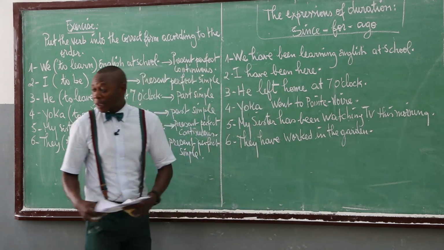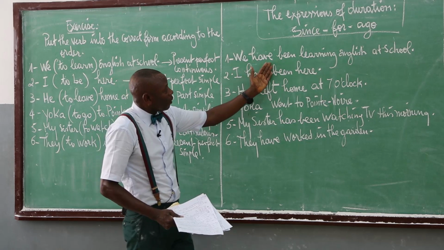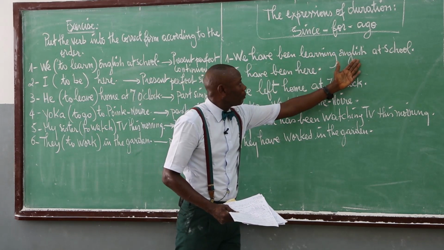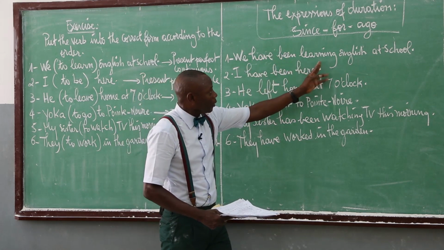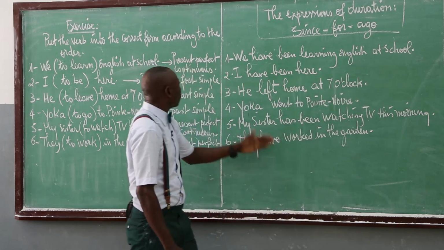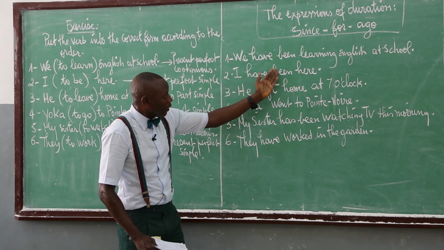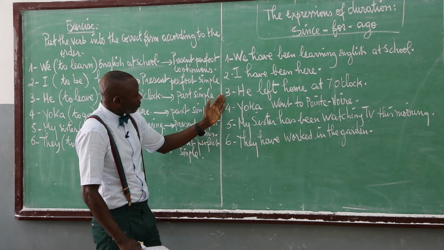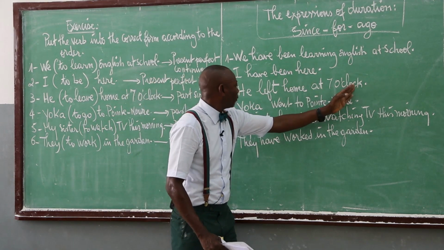Well, so we have got so many sentences here. Let's read them. We have been learning English at school. The second one, I have been here. The third, he left home at 7 o'clock.